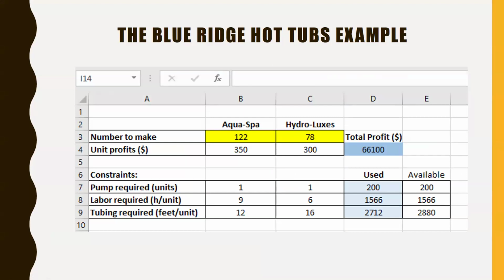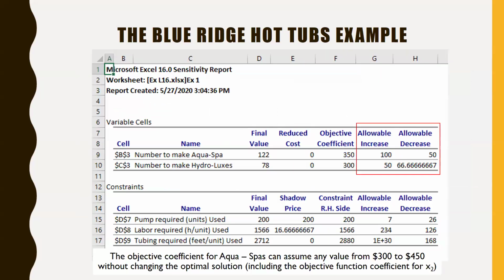The time that you use is 200. Time and labor required, you use all of this. But the shipping we only use 2,712, which is under the limit in your company. This is also something we can analyze.